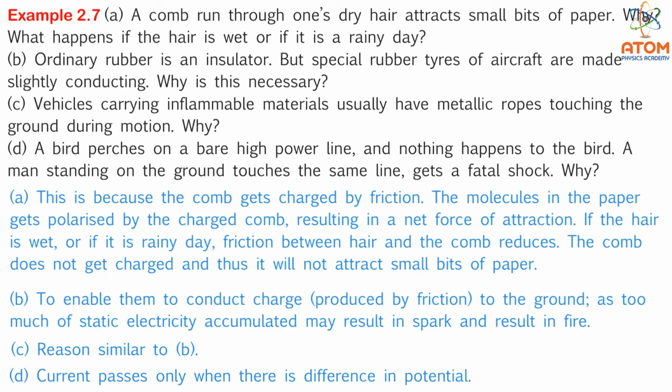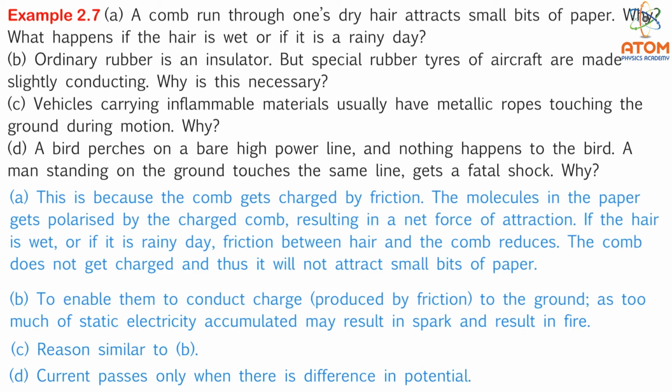Like here, as we are talking, the comb will be negatively charged and the hair will be positively charged. But if moisture is present, then this charge will be reduced, because moisture is a conductor, and that's why the attraction of paper will not occur.